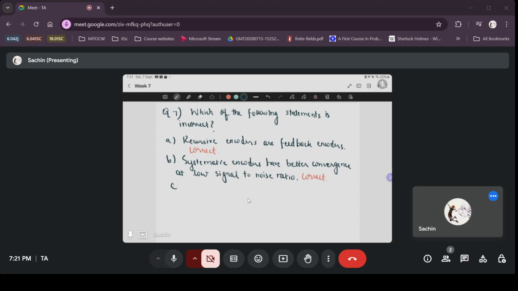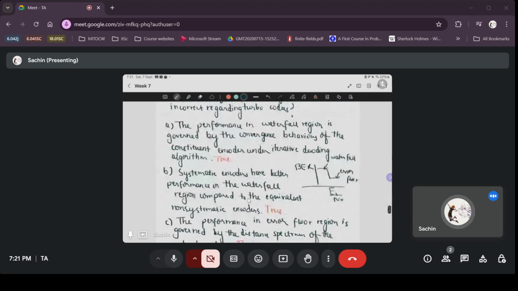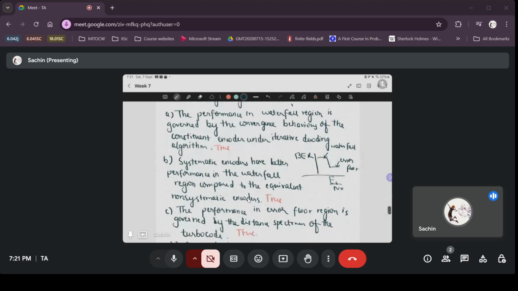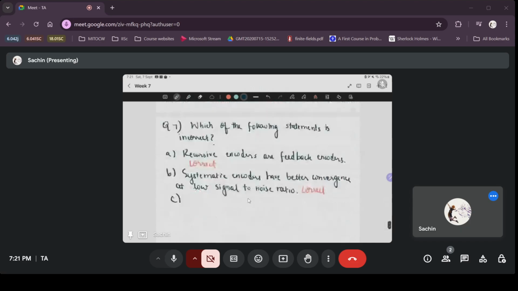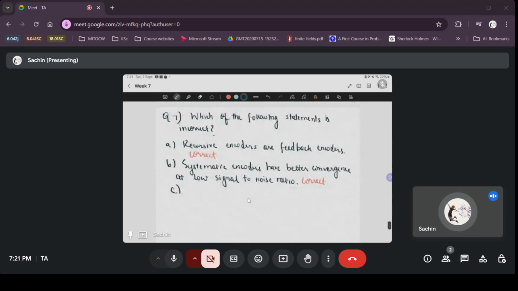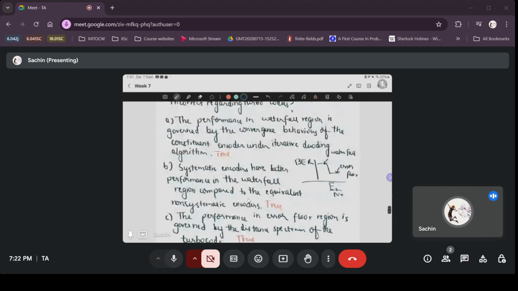The low signal to noise ratio region is the waterfall region, where performance depends on the convergence behavior of the constituent encoders. So systematic encoders have better performance in the waterfall region, as we saw.